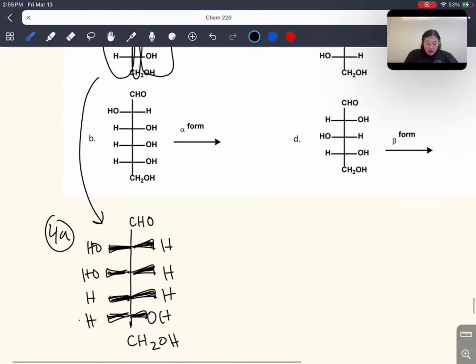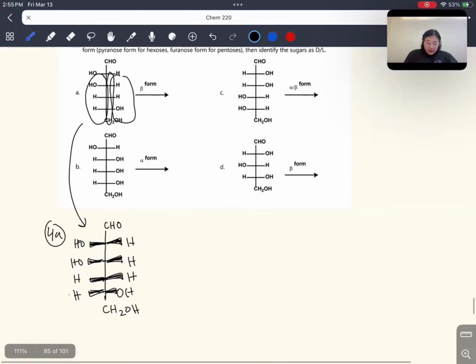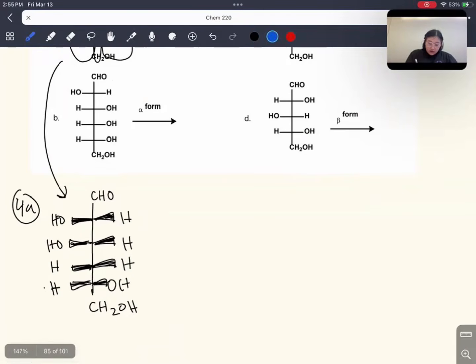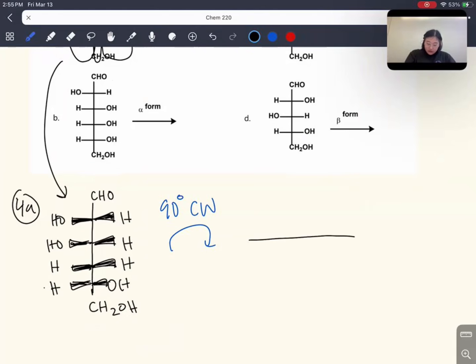Okay, so the next thing you would do is you would rotate this molecule 90 degrees clockwise. So we're just going to take this molecule that's in its linear form and we're going to basically rotate it on its side. And so when we do that, we're going to get this horizontal looking molecule.